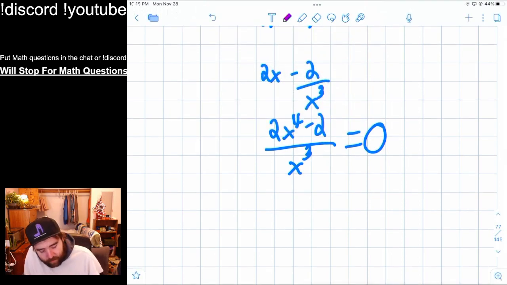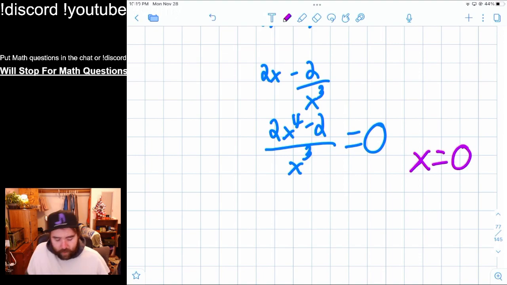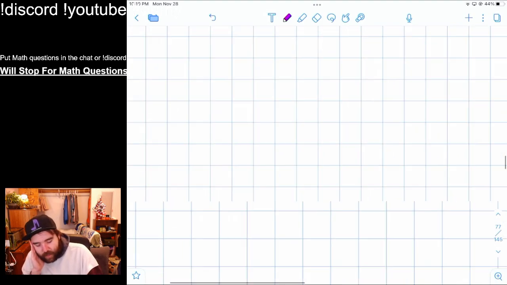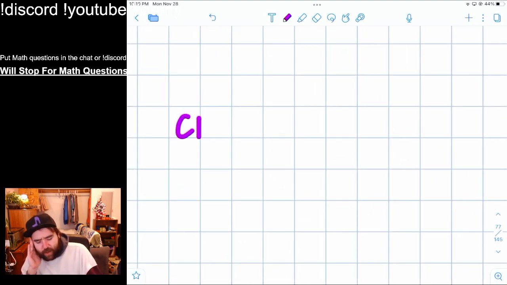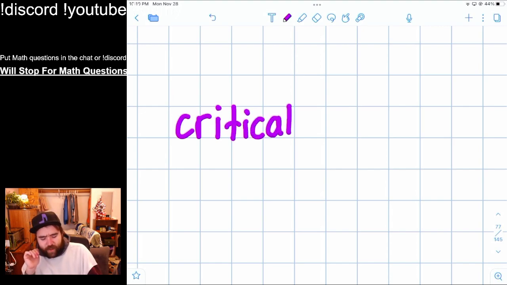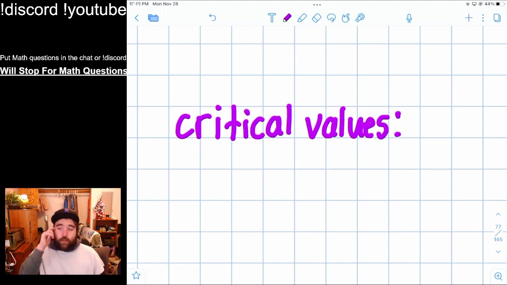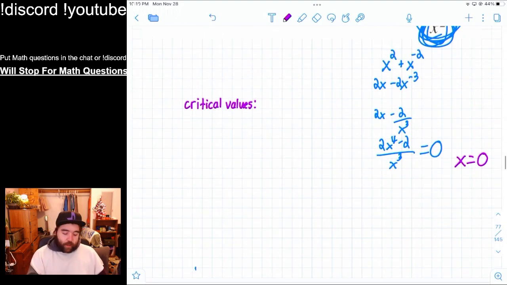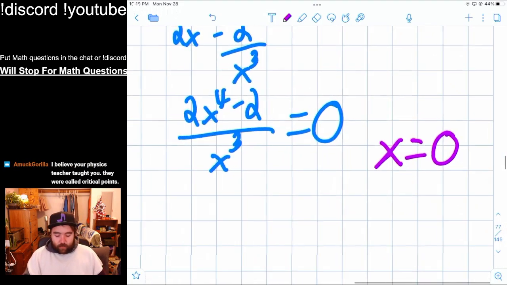So let's go ahead and mark that x equals 0 is where it's undefined. And I'm not sure why the textbook hasn't brought this up, but this is a little vocab word for those numbers. Those are called critical numbers, or critical values, I think more commonly. So the critical values are just where the derivative is equal to 0 or undefined. And so we found one, it's undefined at x equals 0.